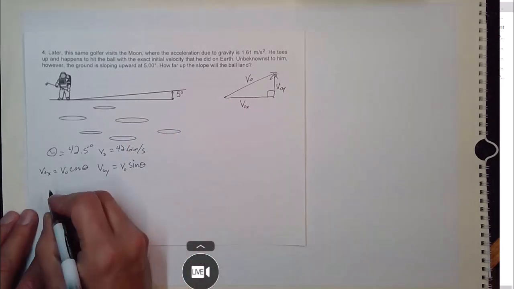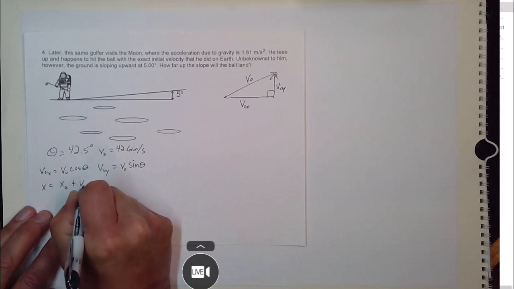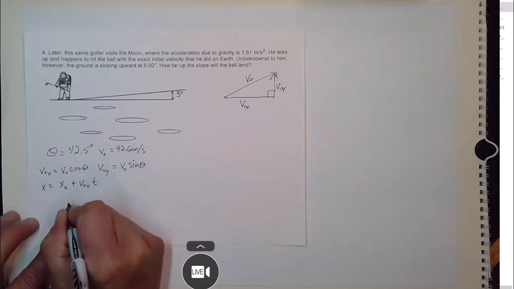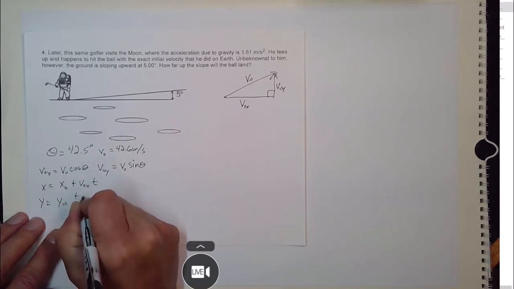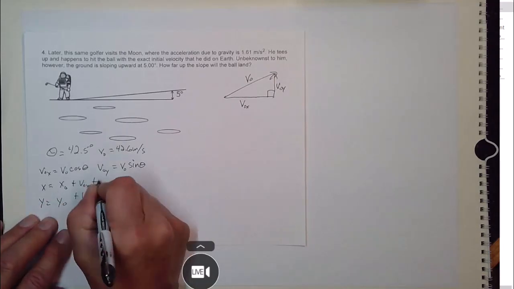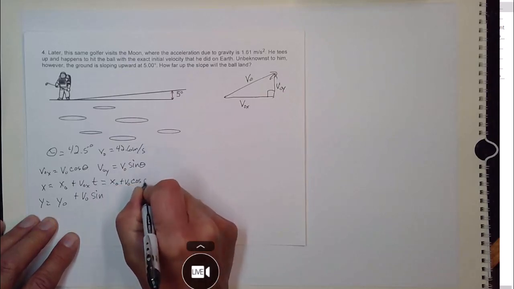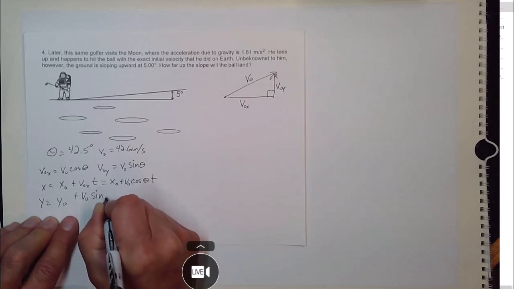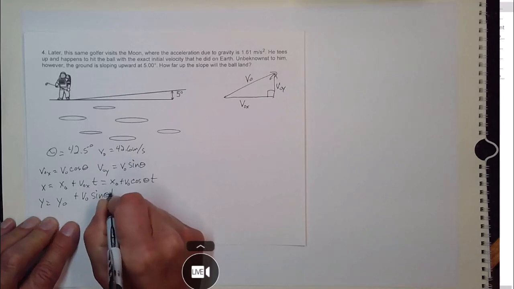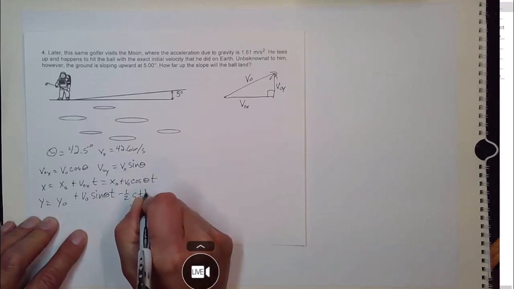And then we can also say that x is going to equal x naught plus v naught x t, and y will equal y naught plus v naught y... I meant to write x naught plus v naught cos theta times t. And here I'm already doing it in the y: v naught sine theta times t minus 1/2 g t squared.